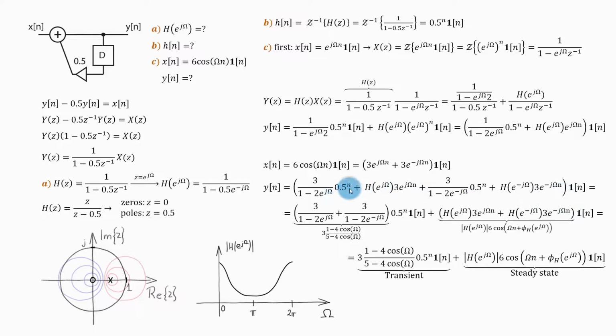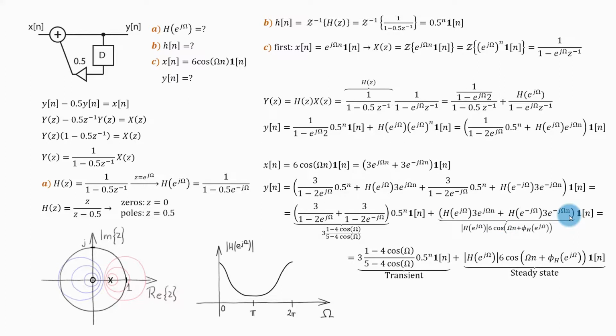I can put together this term and this term, which will give me this, and here I can actually combine these two fractions. When I sweat it out, I can show that these two fractions are equal to this fraction. Now I can combine this term and this term, which will give me this.